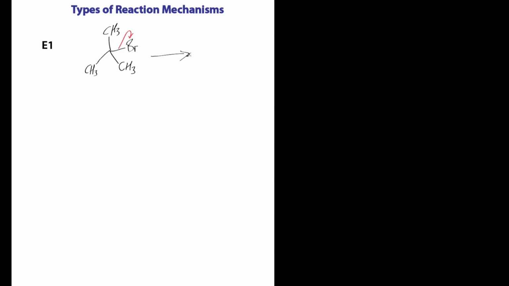So what happens after that? If that leaves, well then I'm going to just leave one of the protons off here. I'm going to use this as an example. Obviously all the hydrogens are the same, identical. CH3, CH3, and that leaves a positive charge there.